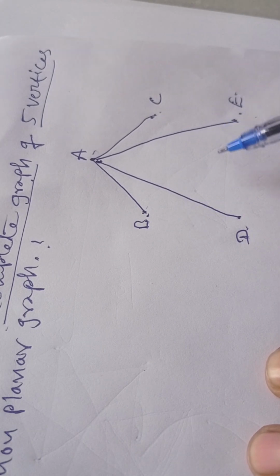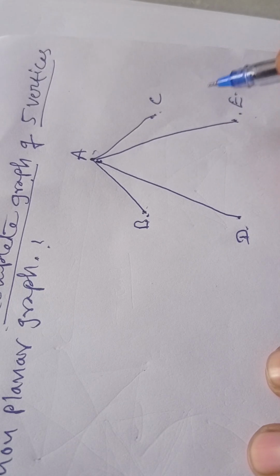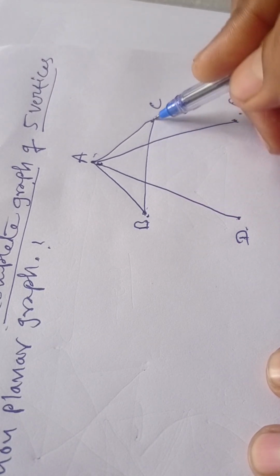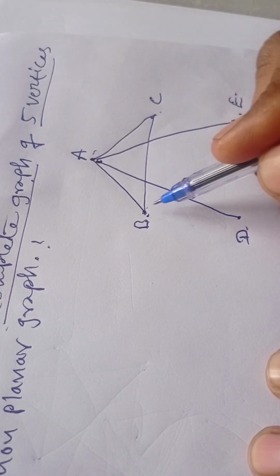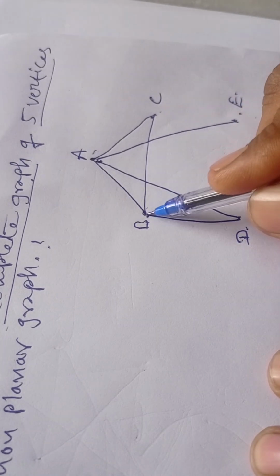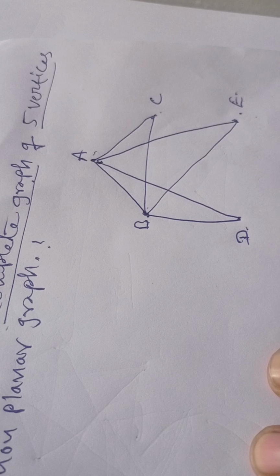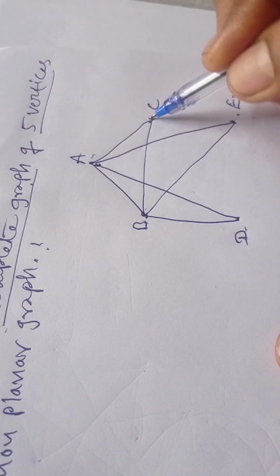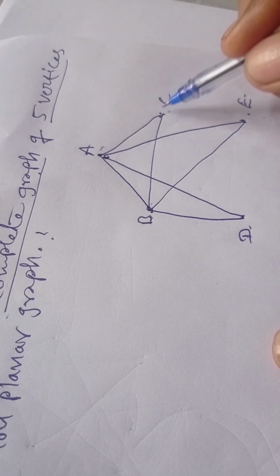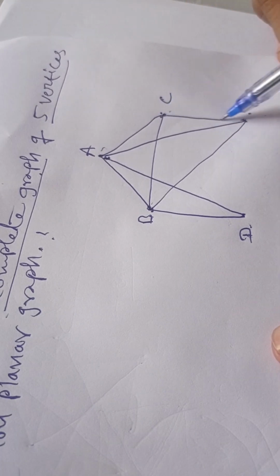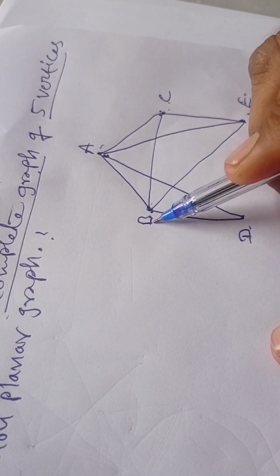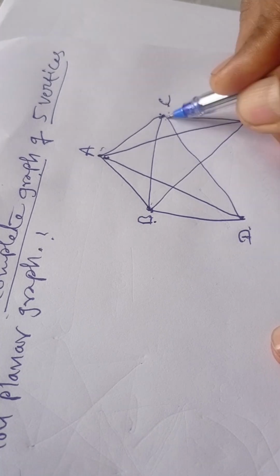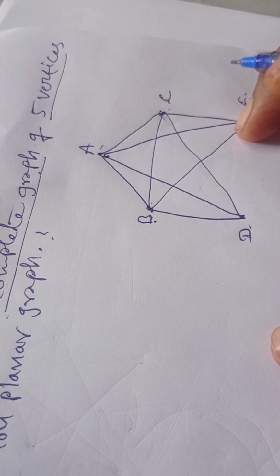So we establish B to C, B to D and B to E. Next we connect C: C to A is already given, C to E, and C to B is already established, so C to D is established.